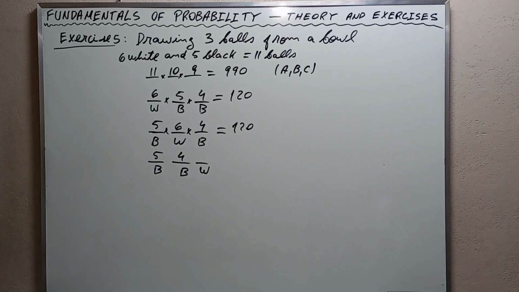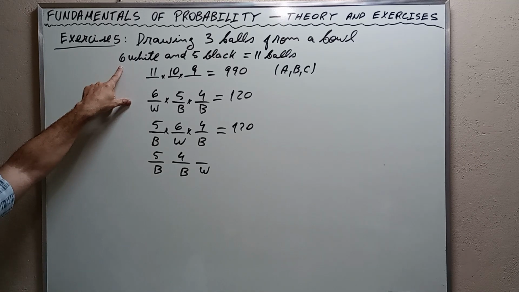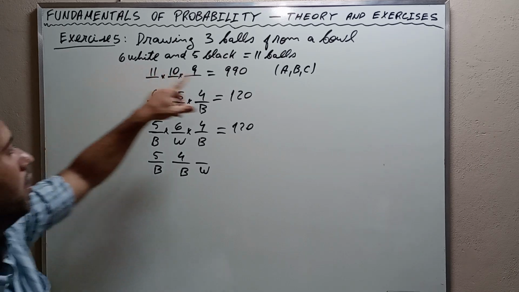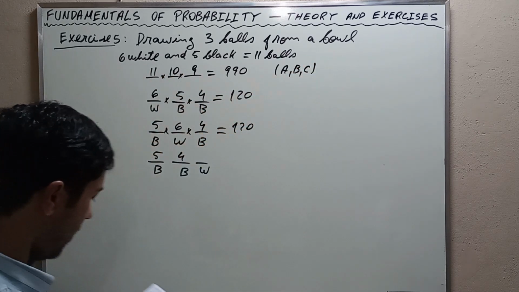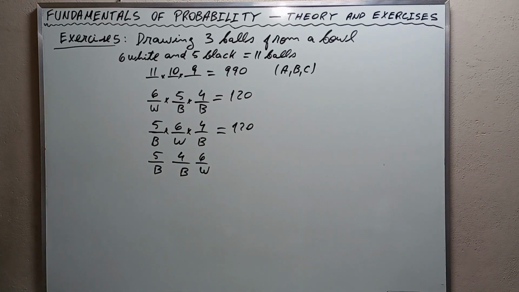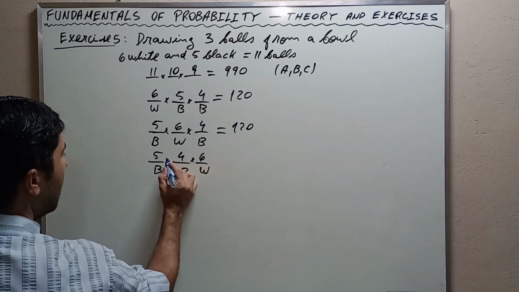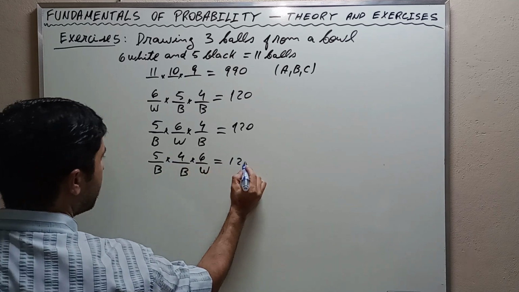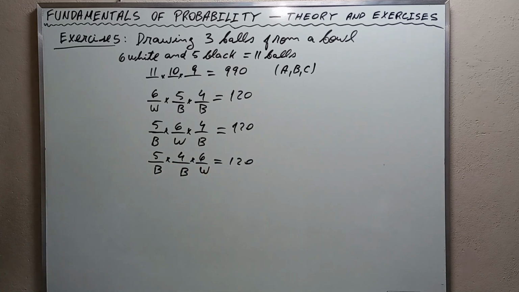But we do not want any more black balls. We want the third ball to be white. Since we have 6 white balls, we have 6 possibilities of white balls. Multiplying, we again have 120 outcomes in which the first 2 balls are black and the third ball is white.